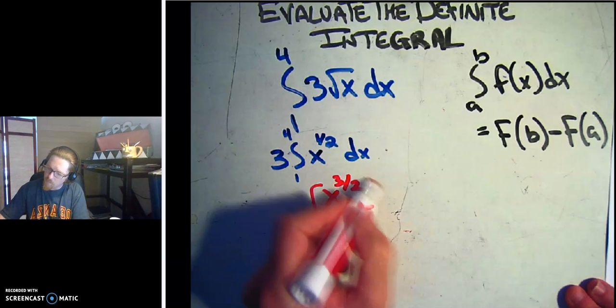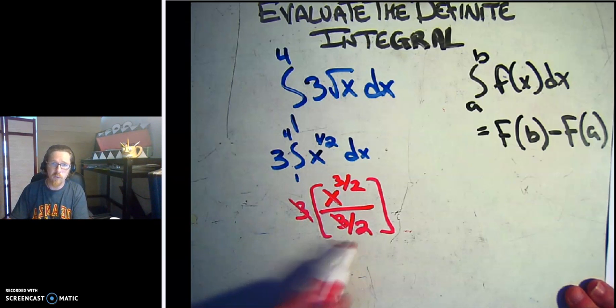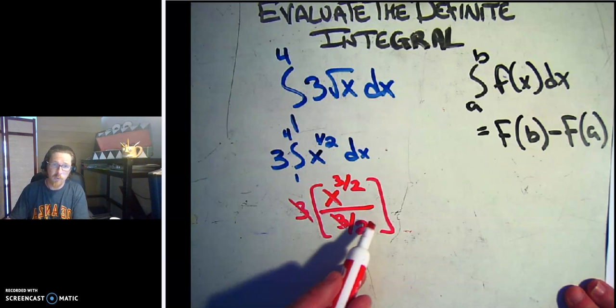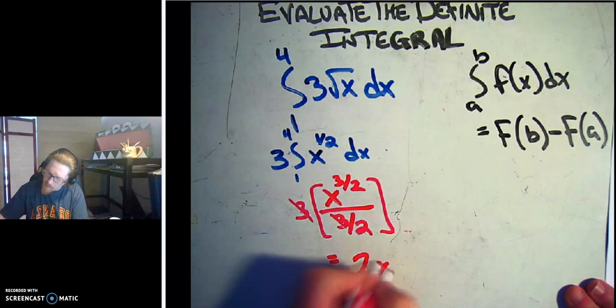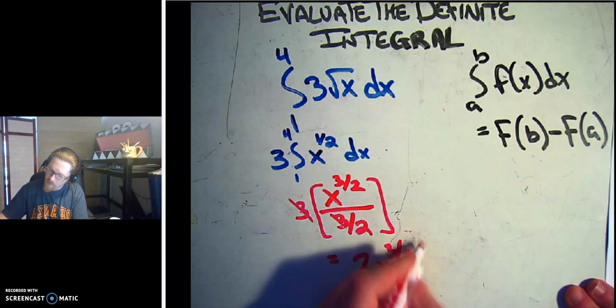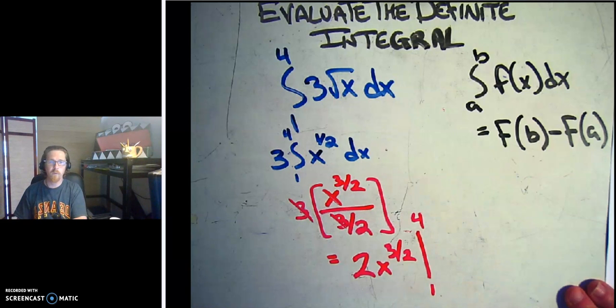And I still have this multiplier of 3 out here. So the 3's cancel each other out, and the 2 I'm going to multiply by 2 over 1 on top and bottom. So I'm going to get 2x to the 3/2, and I want to evaluate this from 1 to 4.